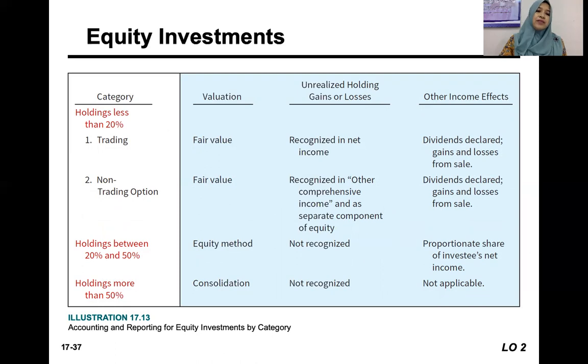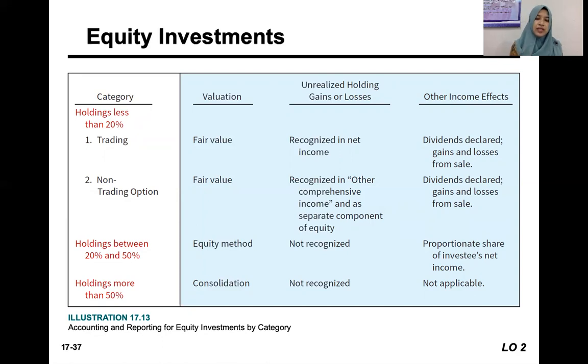Okay, for the first category of equity investment, where the company holds less than 20%, the majority has to be recognized as trading equity investment, but they are also allowed to classify certain equity investments as non-trading equity investment.